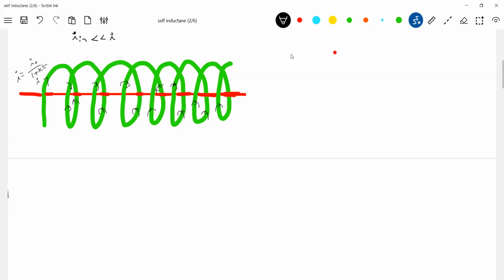So the net magnetic field will be directed towards left. A person standing here will say that the magnetic field is towards left. Now look at the B bar. Again, from the solenoid equation, B equals mu naught N i.